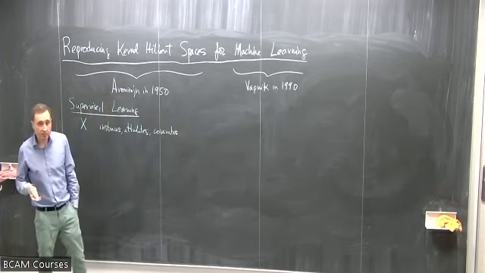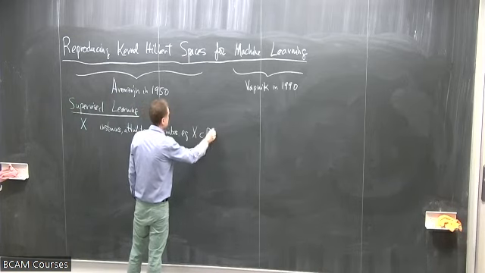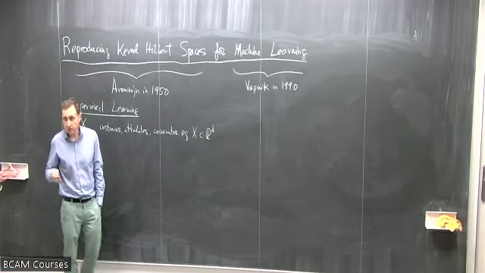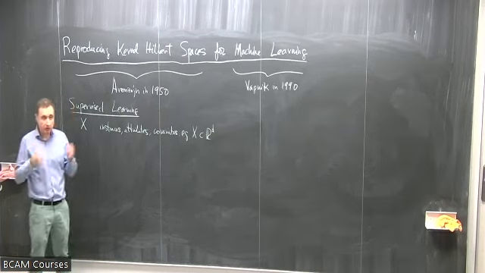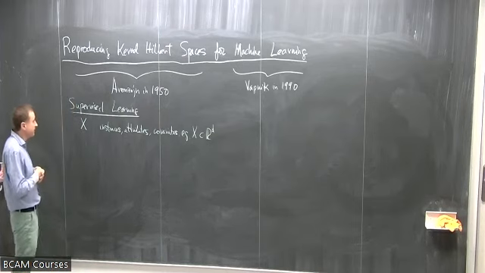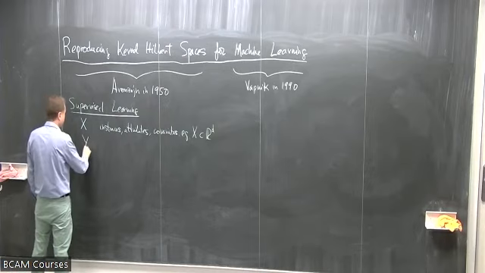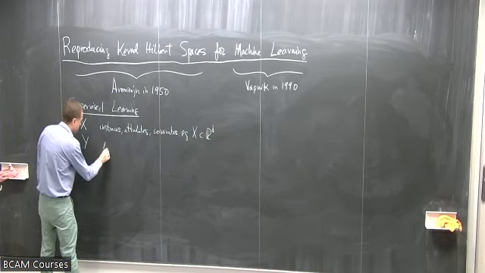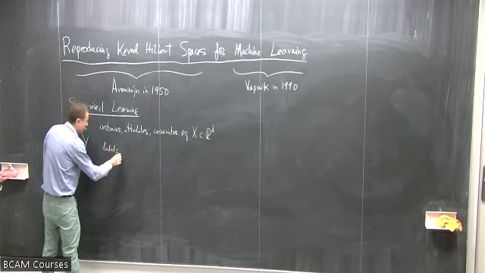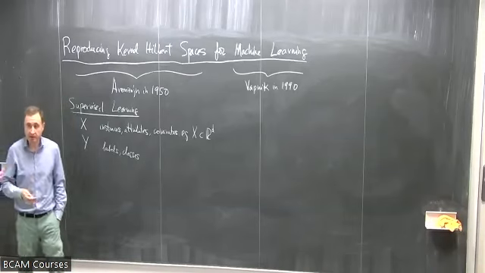If you want to have an example in mind, you can think that this set is a subset of some Euclidean space. In most of the things we are going to do in this course it does not need to be the case, but if you want a mental picture, it is a subset of R^D. And then there is another set, Y, and the elements of this set are called labels or classes, if we are talking about classification.